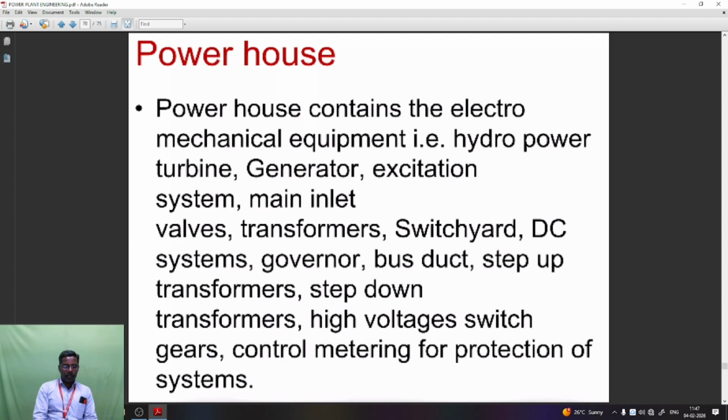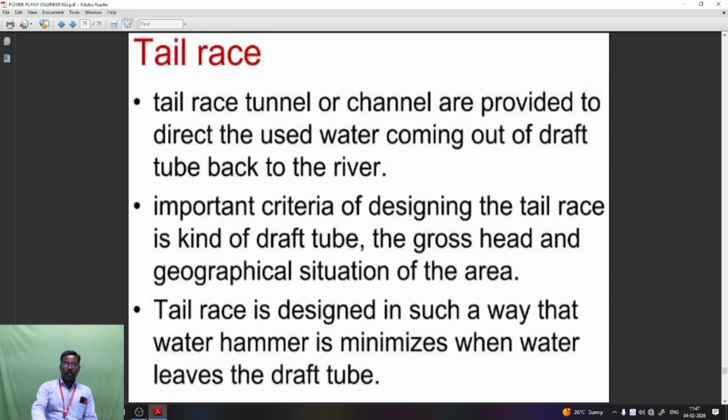Powerhouse contains turbine, generator, transformer and control systems. Tail race. It is a channel that carries water away from the turbine back to the river downstream.